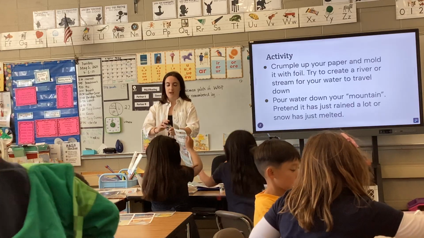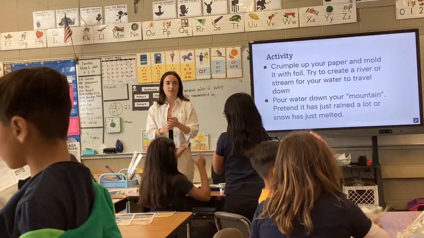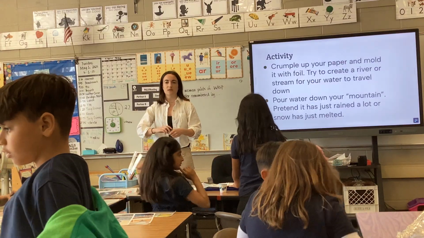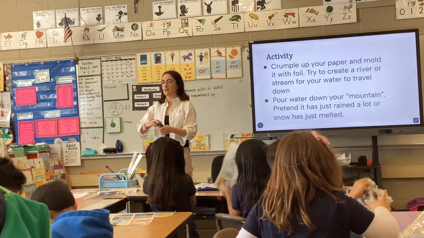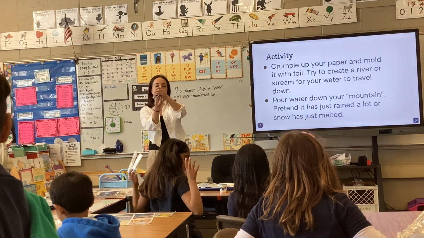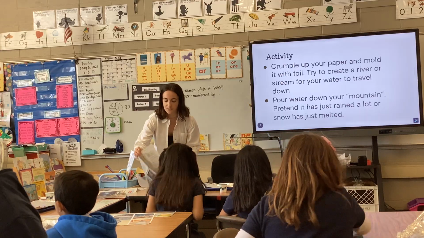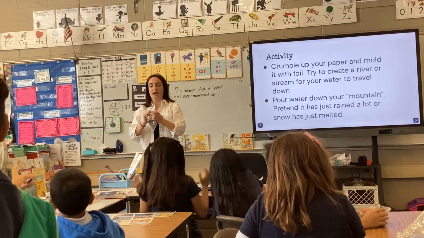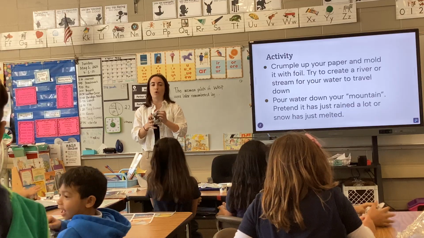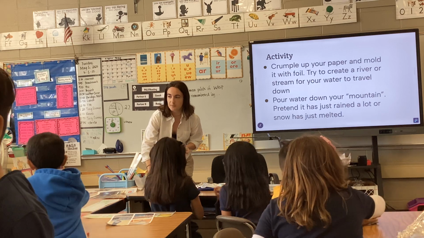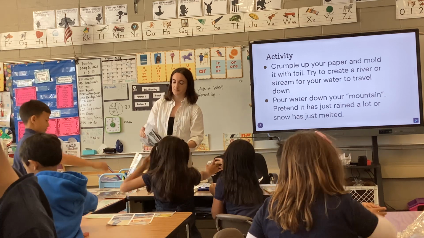Let's stay seated. We're going to try to crumple it up to make it into a mountain, okay? If I gave you two pieces, you're going to cover it with your foil. Does anyone need more newspaper?